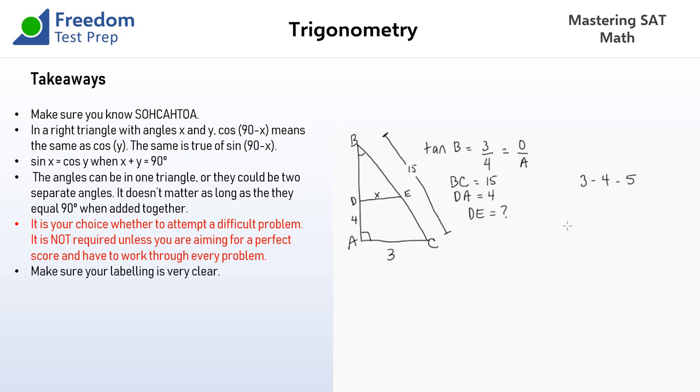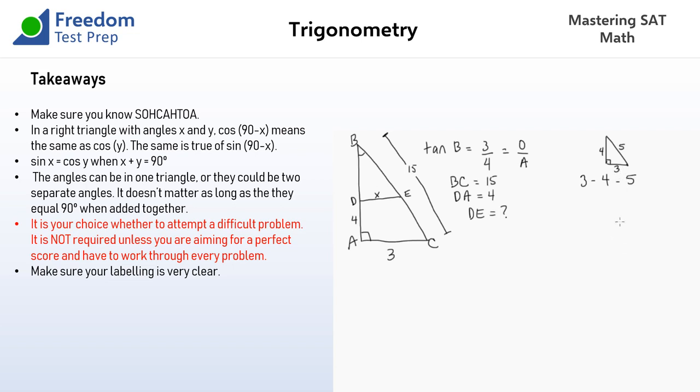Now you need to know your special triangles, absolutely. So I want to just do a very quick review of the 3, 4, 5. So 3, 4, 5 looks like this. I highly, highly recommend that you be able to spot a 3, 4, 5 triangle.